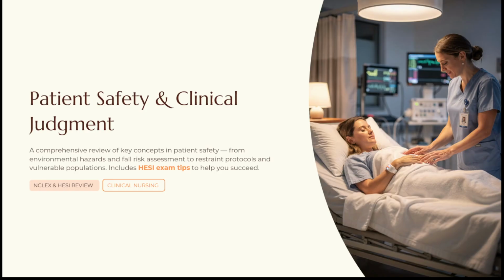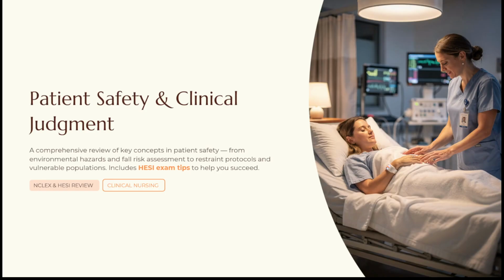Many HESI and NCLEX questions focus heavily on safety and prioritization. These questions often ask which patient is the highest priority, which intervention is safest, what should the nurse do first?